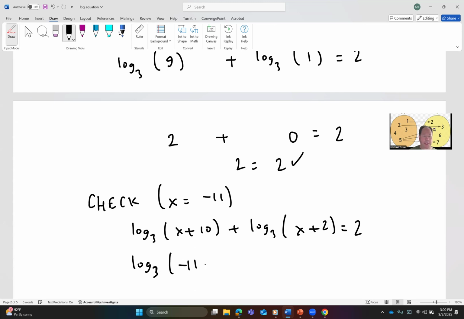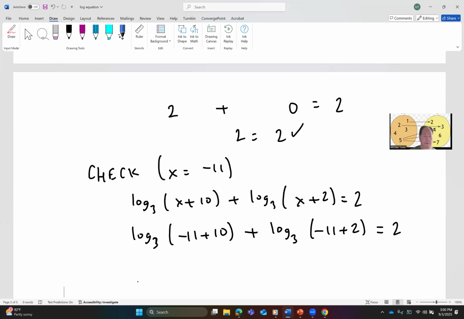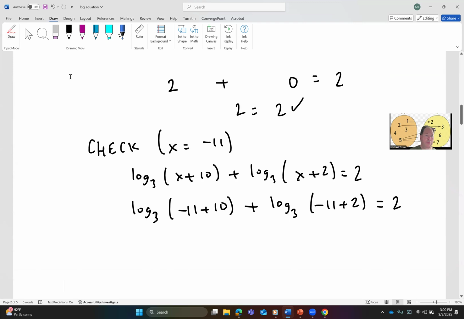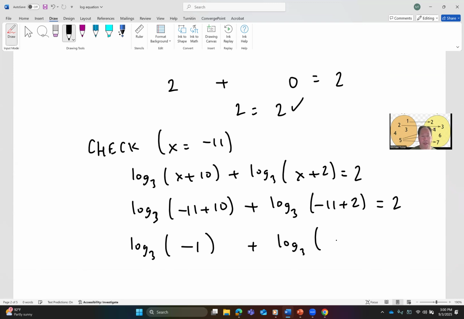So we got log to the base 3 of negative 11 plus 10, plus log to the base 3 of negative 11 plus 2 in parentheses, equals 2. Next, negative 11 plus 10 is a negative 1, plus log to the base 3 of negative 9 equals 2.